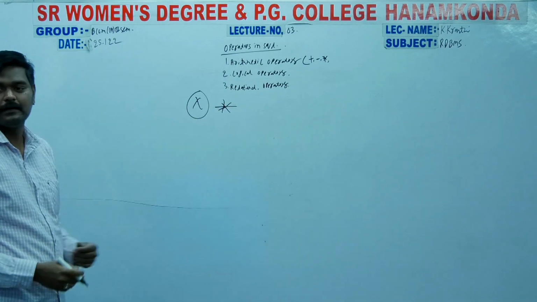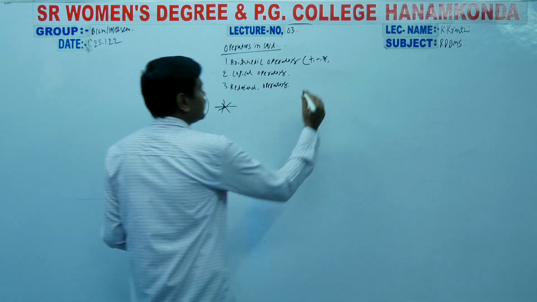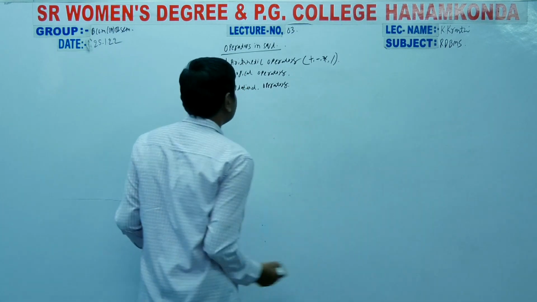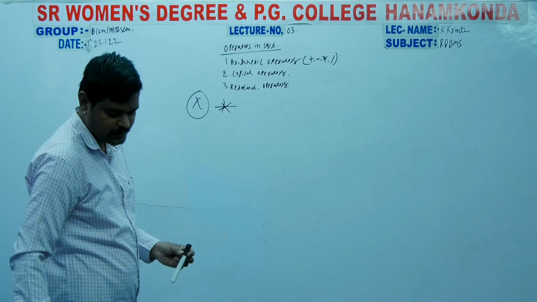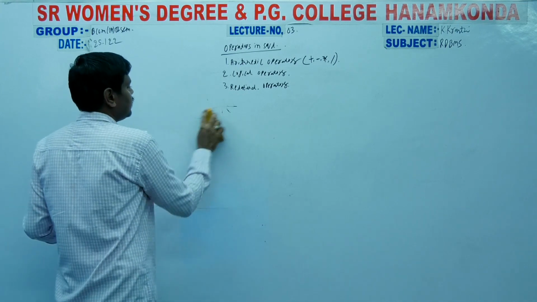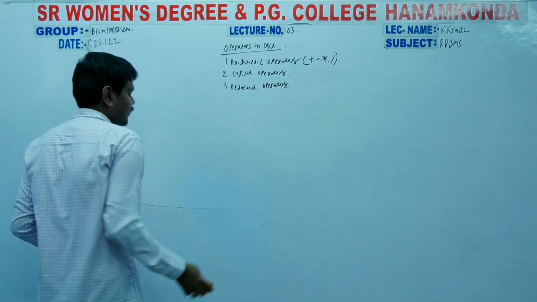This is called the asterisk, for multiplication, and next comes division. First we are going to take four examples based on these arithmetic operators.